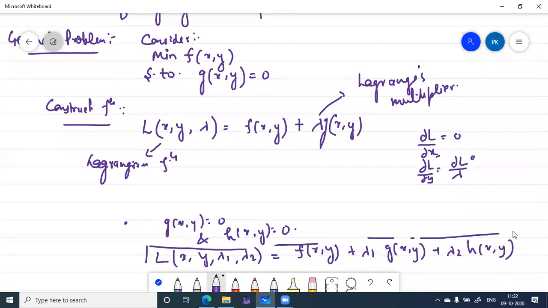This is the Lagrangian function if we have two constraints. In the same way, you can construct the Lagrangian function for any number of conditions given in the problem. So I'm going to take a problem based on this method.